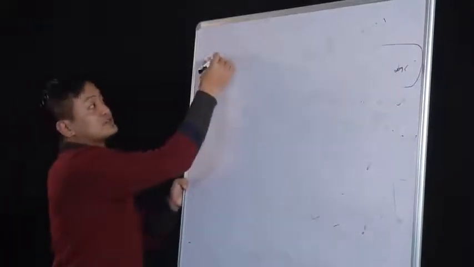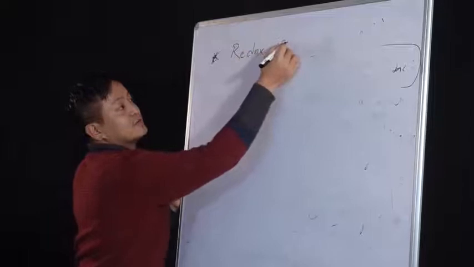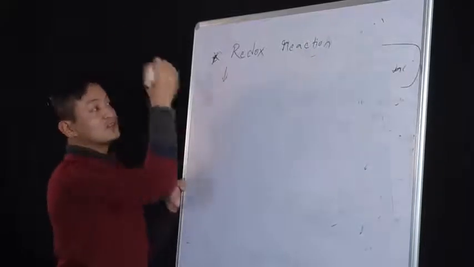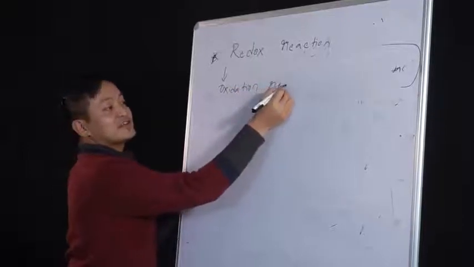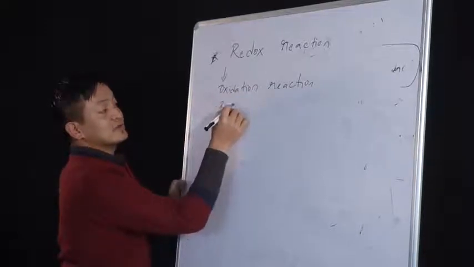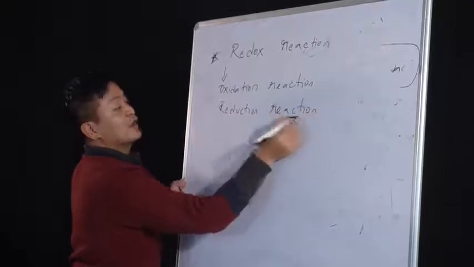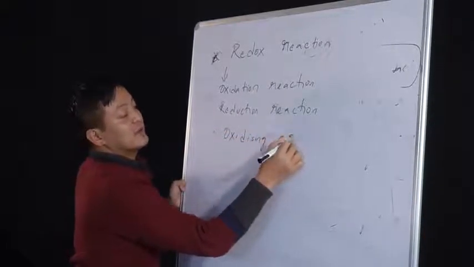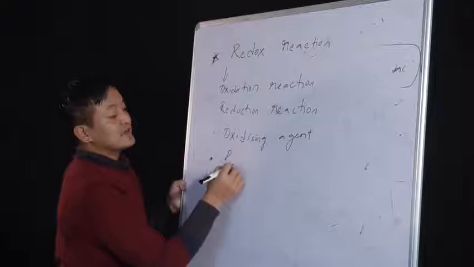Okay, my dear students, our next topic is redox reaction. Under this topic, we will study the oxidation reaction, the reduction reaction, the oxidizing agent, and the last one for this redox reaction, the reducing agent.